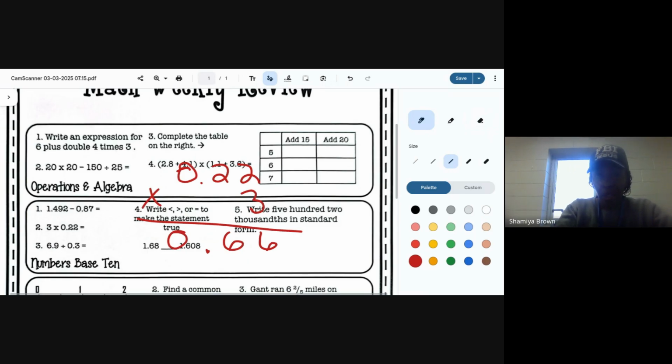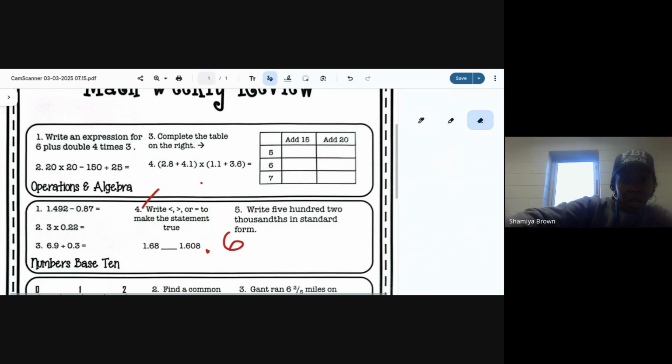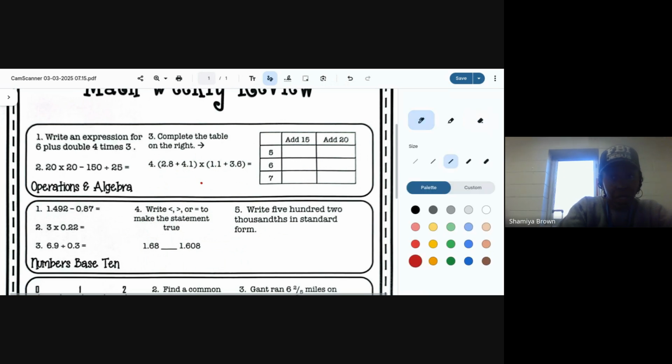And the next one, I have a division problem this time. And that's going to be 6 and 9 tenths divided by 3 tenths.